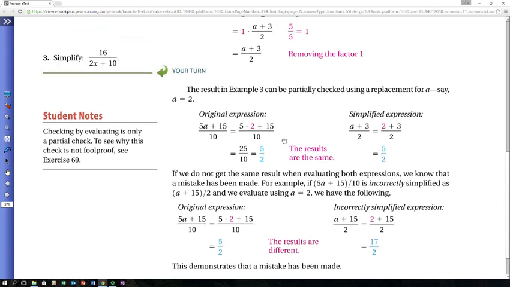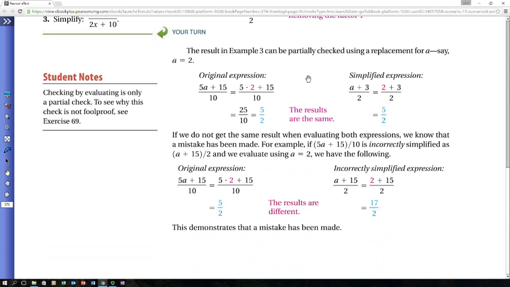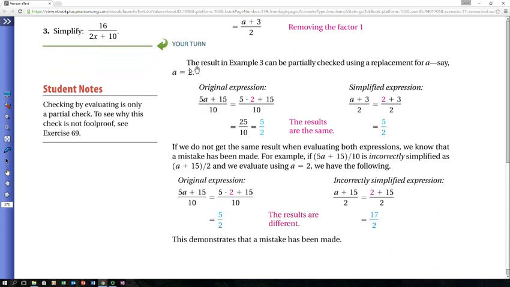So since we don't really have an equation, we just started with an expression, how can I check this again? And this is a strategy of checking where let's just take a number like 2, though we want to be careful. In this case I don't have to worry about it, but I don't want to use a restricted value.